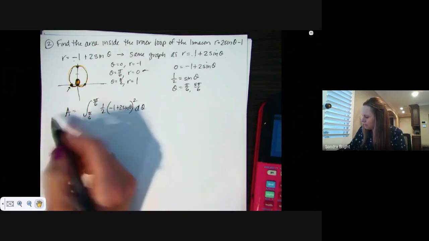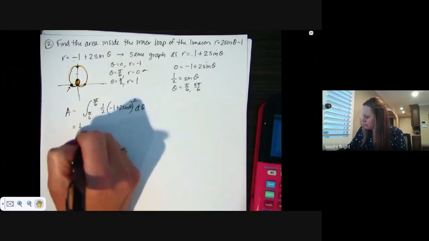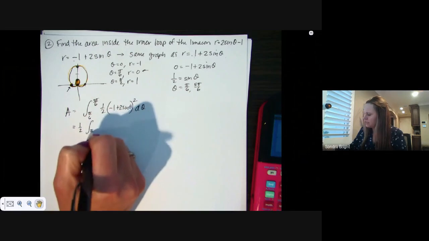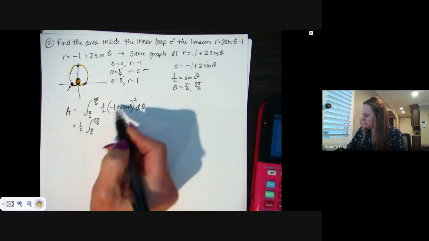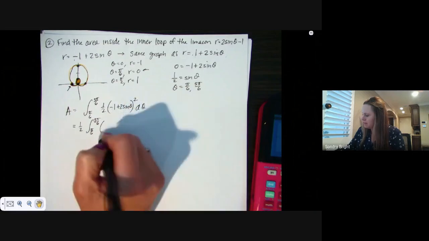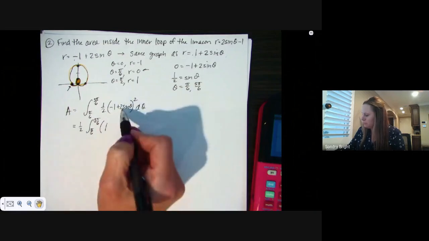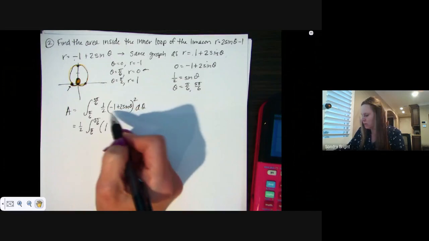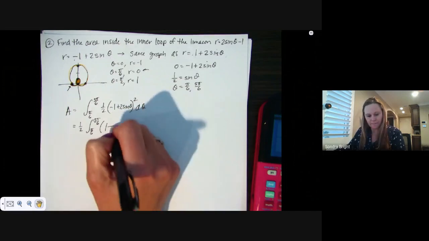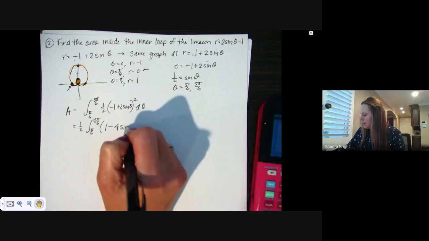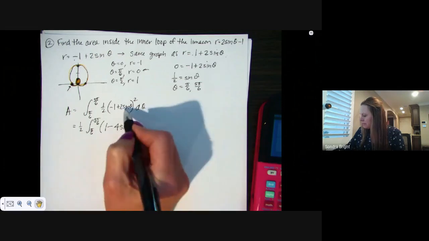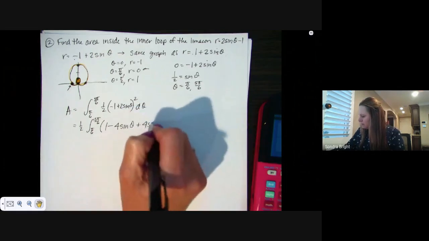I got a 1/2 from pi over 6 to 5 pi over 6. Squaring this guy will give me a 1, and then 2 times -1 times 2, so that's a -4 sine of theta, and then plus 2 squared would be a 4 sine squared of theta, d theta.